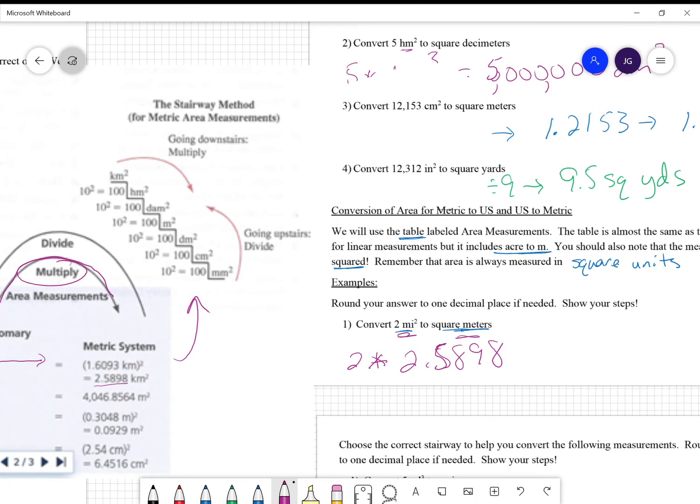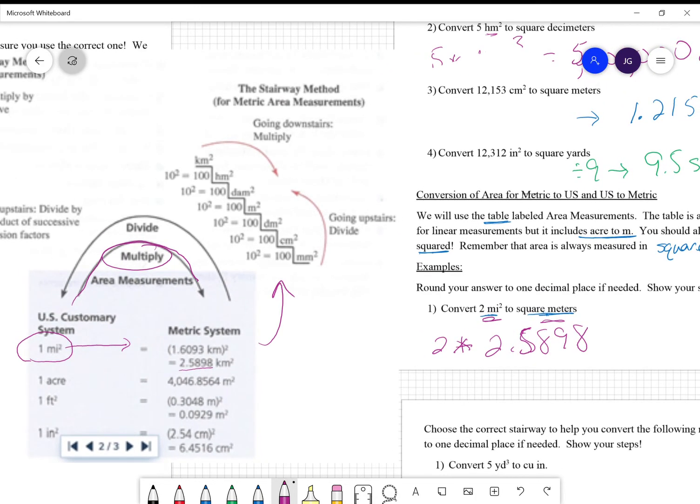So we started at square miles. We multiplied to get to square kilometers. Now we're at square kilometers. I want to get to square meters. I'm going down 1, 2, 3 steps.